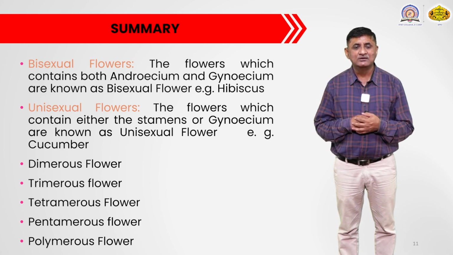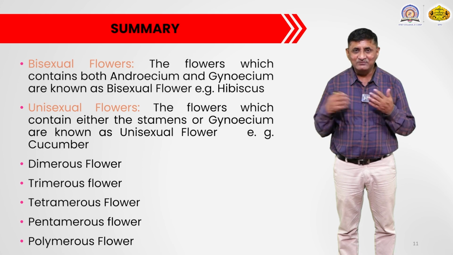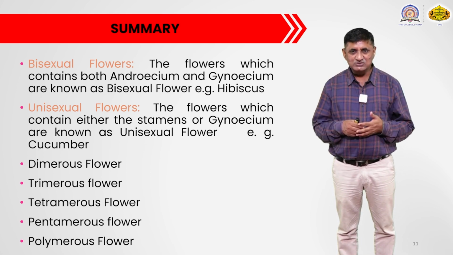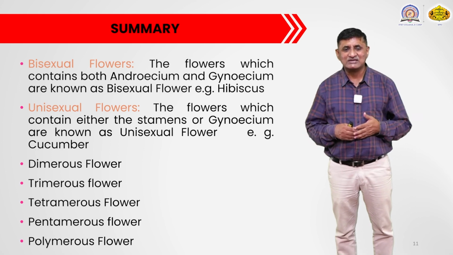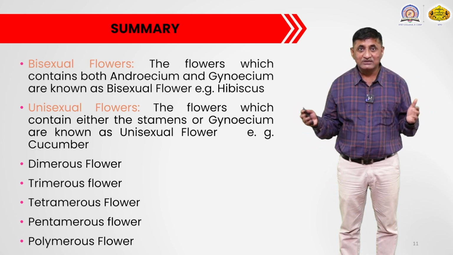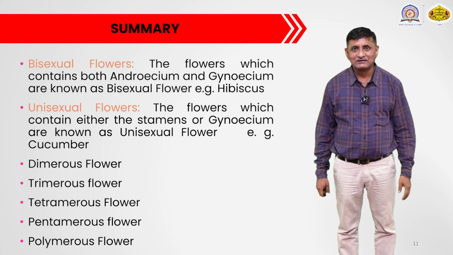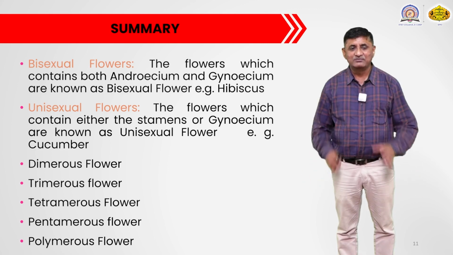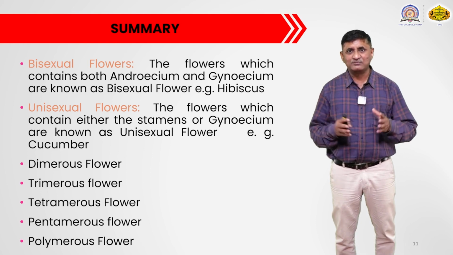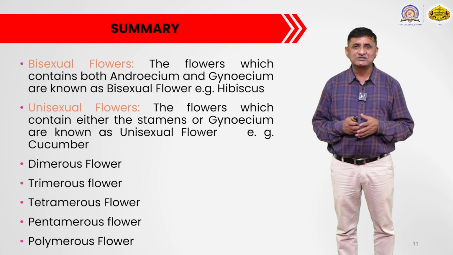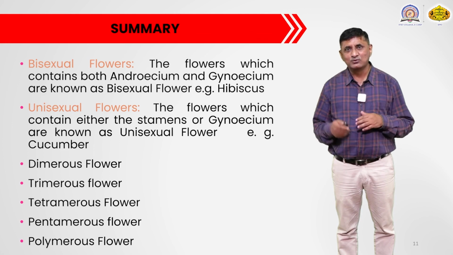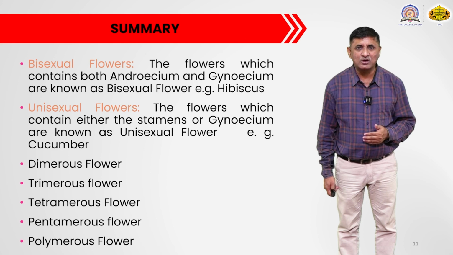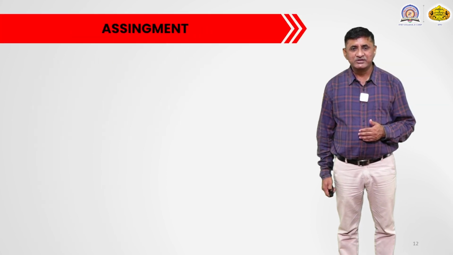According to merosity, we categorize the flower as dimerous if 2 floral parts are there, trimerous if 3 floral parts are there, tetramerous if 4 floral parts are there, pentamerous if 5 floral parts are there, and polymerous if there are many floral parts in each whorl. So this is the summary of today's video.